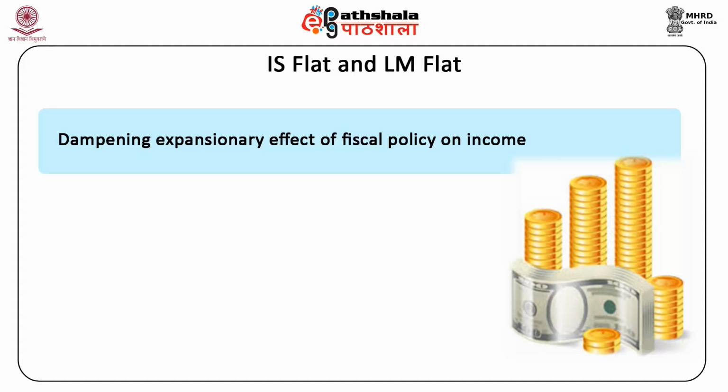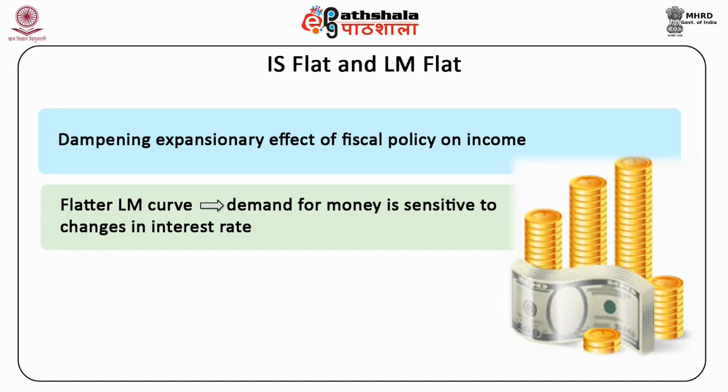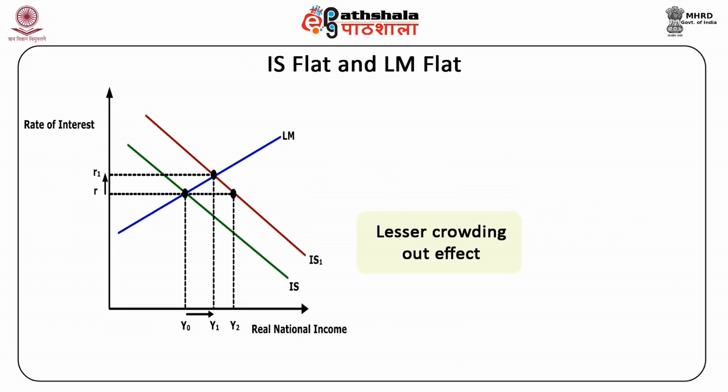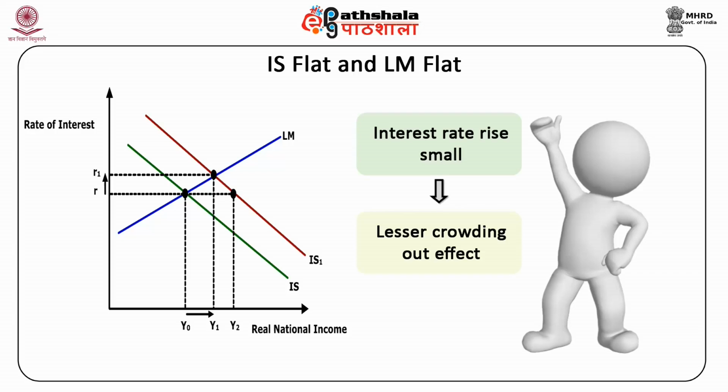But this, along with an equally flatter LM curve, implies that demand for money is also very sensitive to the changes in interest rate. So, a lesser rise in interest rate is enough to bring the money market into equilibrium. Thus, crowding out is lesser as the interest rate rise is small in case of flatter IS and flatter LM curve, as shown in the given figure.